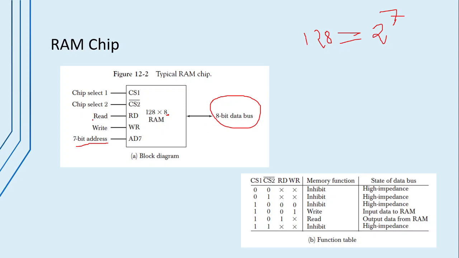The read and write inputs specify the memory operations, and the two chip select inputs, CS1 and CS2 bar, control the chip and enable it only when the microprocessor selects this chip to perform any of these operations. This bidirectional data bus is implemented by 3 state buffers.